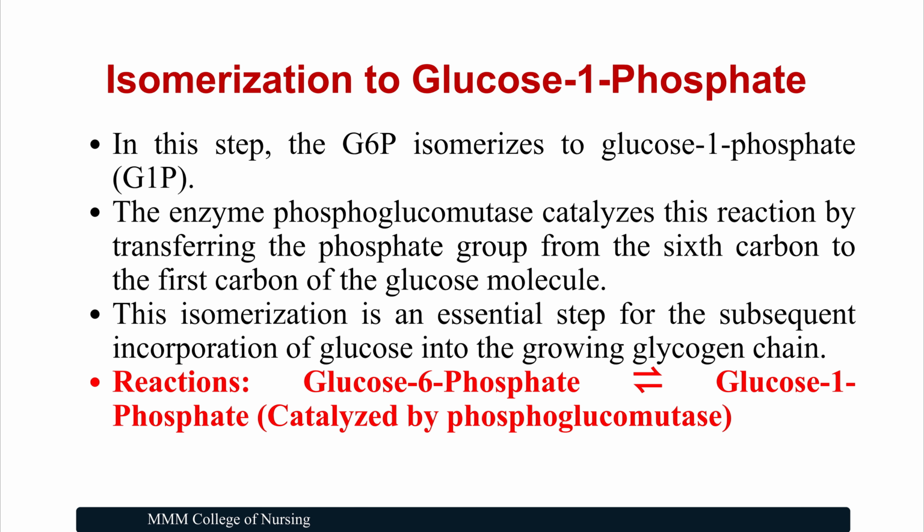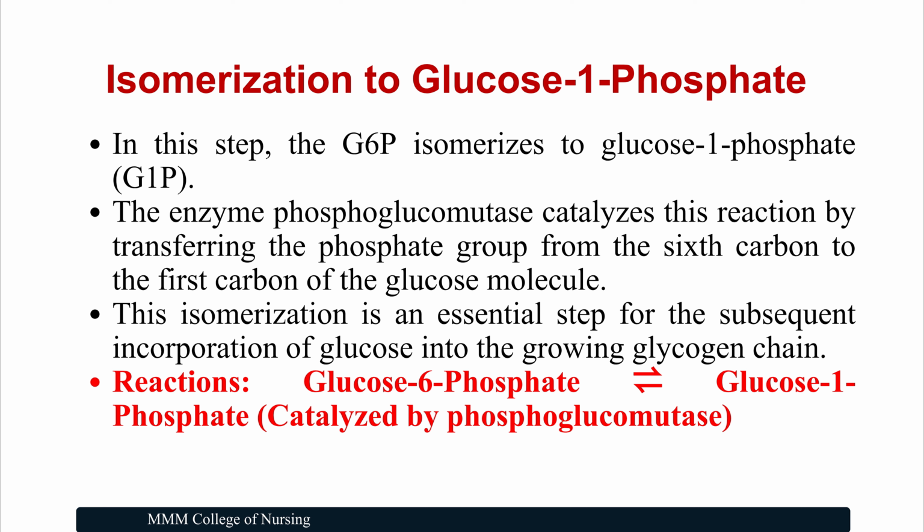Now step 3 is the isomerization to glucose 1-phosphate. Glucose 6-phosphate has the phosphate group on its 6th carbon, but for glycogen synthesis we need it on the 1st carbon. So the phosphate group needs to be moved.